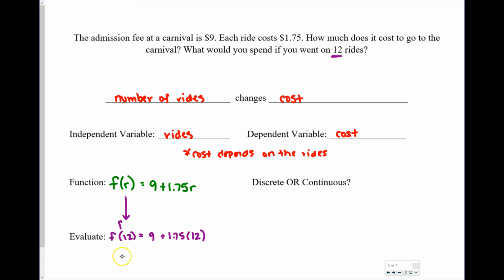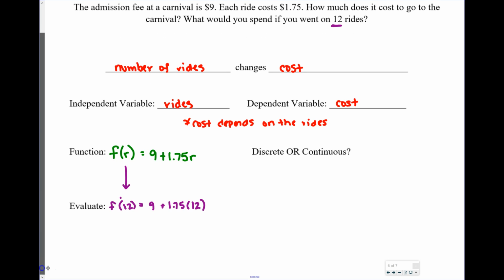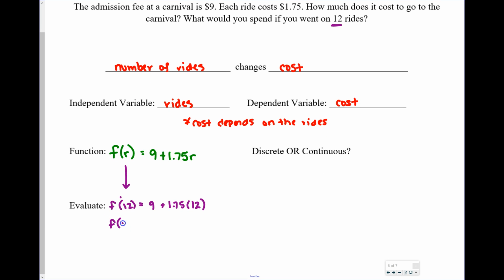So I'm going to put f of 12, keep that like that, is 9 plus $1.75 times 12 is 21. So that means when they go on 12 rides, they're going to pay $30. So they spent $30 at the carnival.